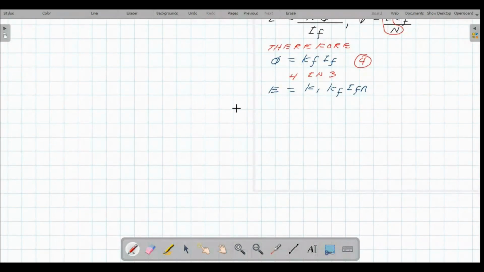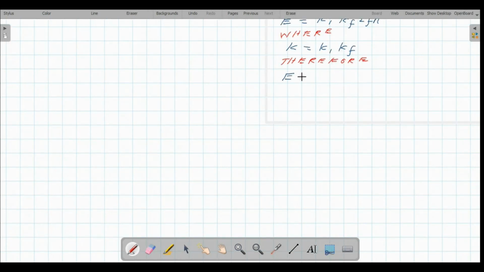Where the constant K can be called as K1, KF, or the machine constant times the field constant. So therefore, we can write E is equal to K IF times the speed. Sa mga succeeding problems natin sa motors, magagamit natin itong mga formula ito.